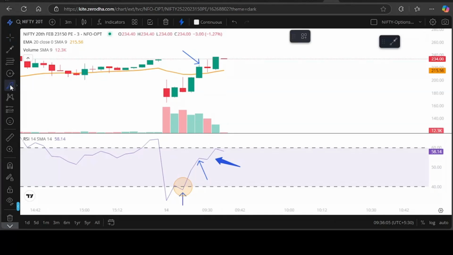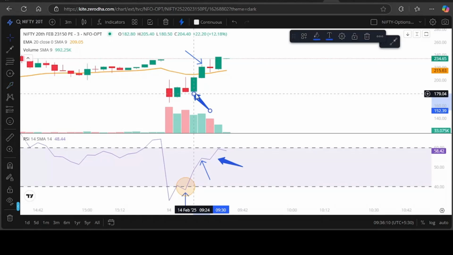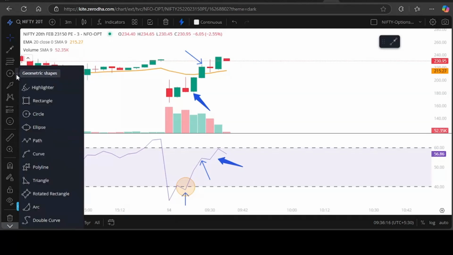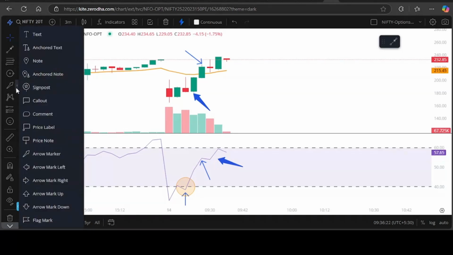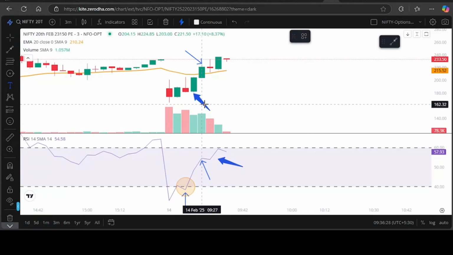Let me show you where I took my entry. This is my entry candle. Some of you have the habit of fast forwarding, right? And then you miss something in between. So I recommend everybody not to fast forward, listen to everything, because these details will help you build your edge, build your knowledge and start trading this strategy.